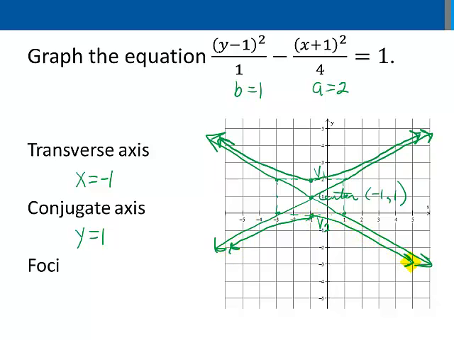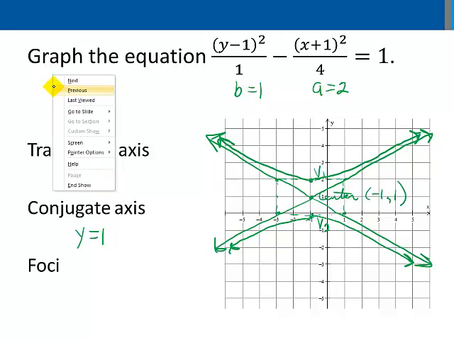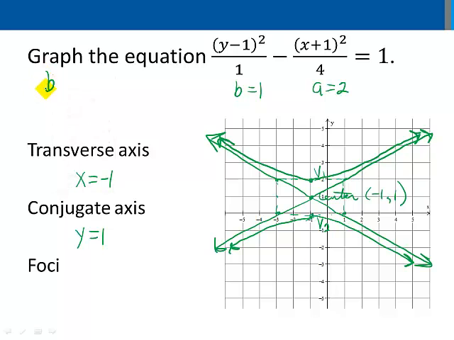Okay, and the other thing we're asked for is the foci. So we have b and a. To find c, recall that b squared equals c squared minus a squared. And so 1 will equal c squared minus 4. c squared will equal 5, or c will equal the square root of 5.